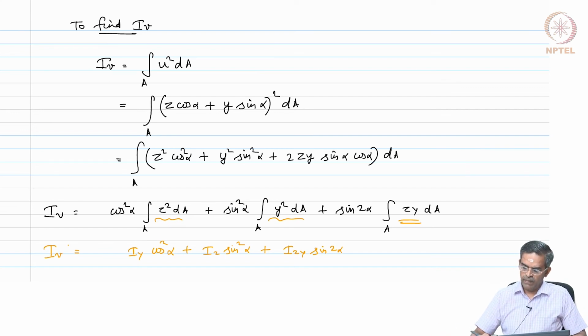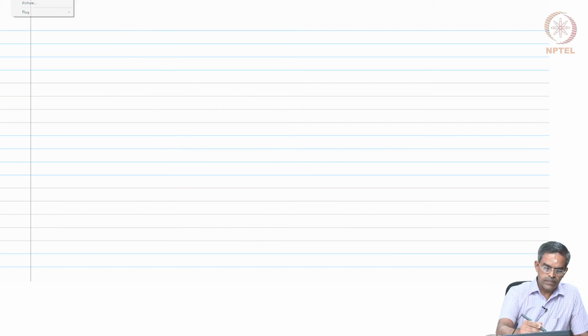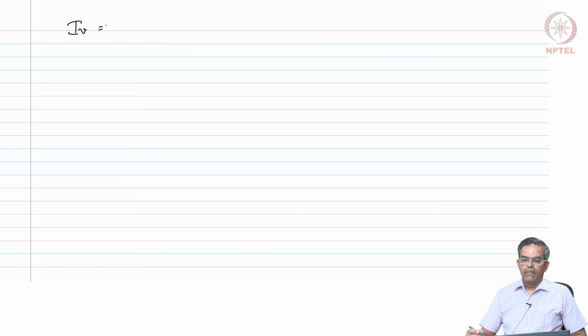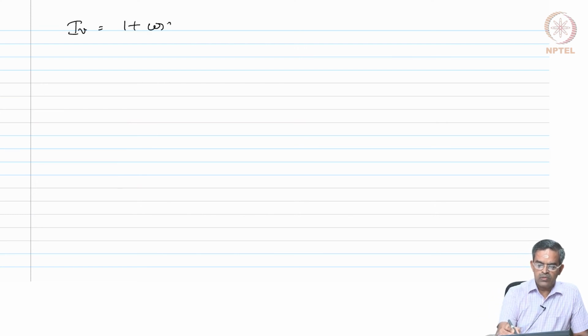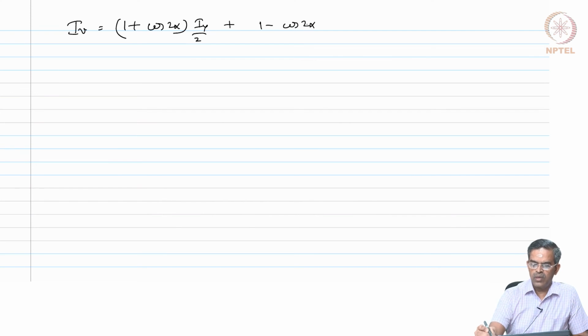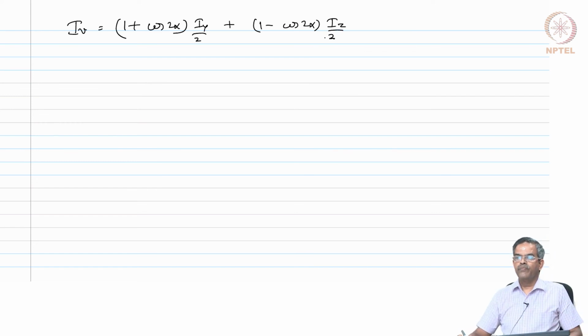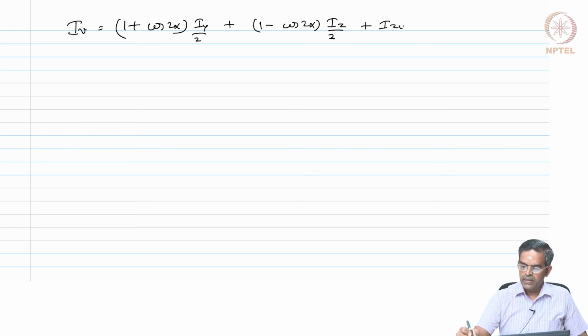Now, let us take this Iv and expand it, as we have the substitution. So, now Iv is expanded as (1 plus cos 2 alpha) into Iy by 2 plus (1 minus cos 2 alpha) into Iz by 2 plus Izy sin 2 alpha.